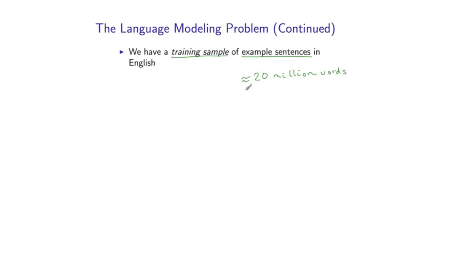And by the end of the 90s, it wasn't uncommon to use maybe 1 billion words, often again chosen from newspaper data, for example. And more recently, over the last several years, people have started using web data to construct language models. And we might even get into a scenario where we have hundreds of billions of words of potential training data. Now, the main point here is just that these training examples can get quite large.